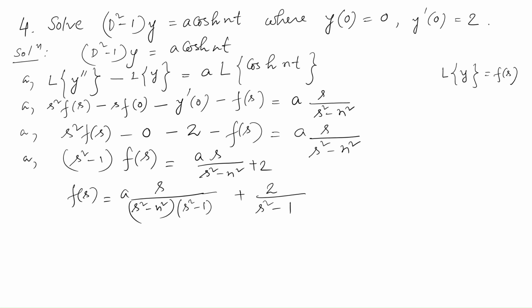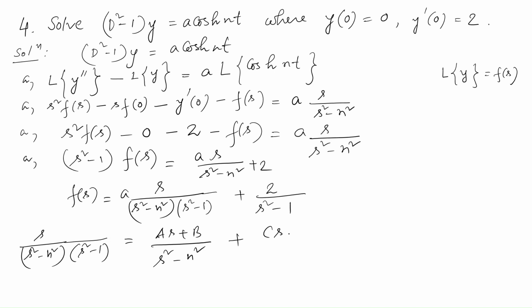Now let us find this s by (s square minus n square)(s square minus 1) in partial fractions. So let us take s by (s square minus n square)(s square minus 1) as (as plus b) by s square minus n square plus (cs plus d) by s square minus 1.